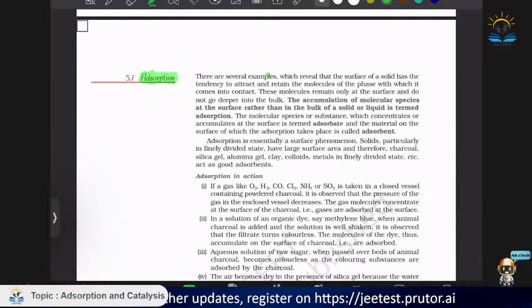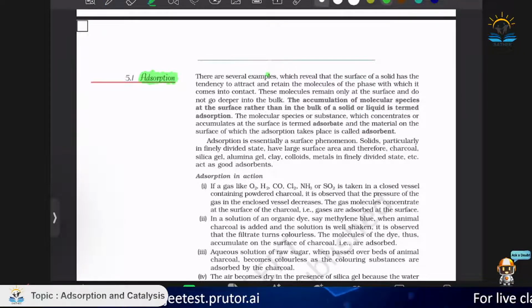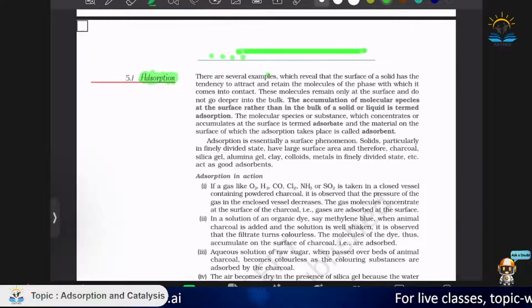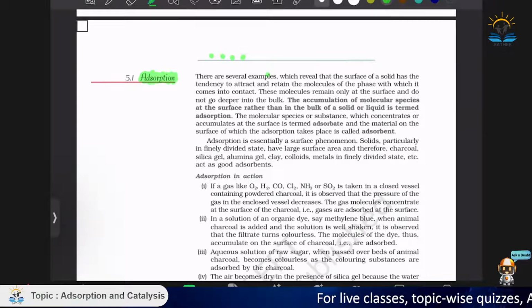So what is adsorption? I'll tell you the difference between adsorption and absorption. Suppose this is the surface. What happens in adsorption is molecules tend to get accumulated on the surface.